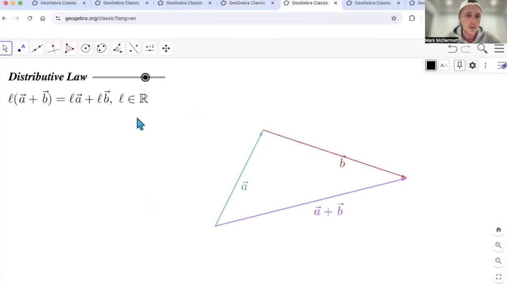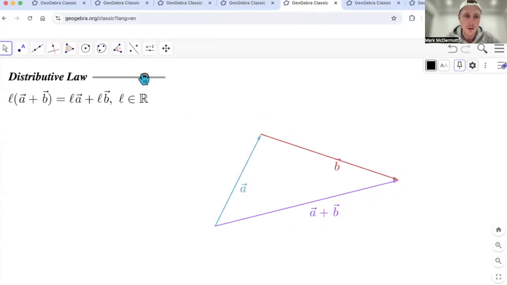Okay, next one. This one's a bit more interesting. It's called the distributive law. So if we say L multiplied by vector a plus b, that's the same as L multiplied by a plus L multiplied by b, just like the distributive law in algebra. Here's just a little demonstration. Vector a plus vector b gives us this purple vector here, vector a plus b.